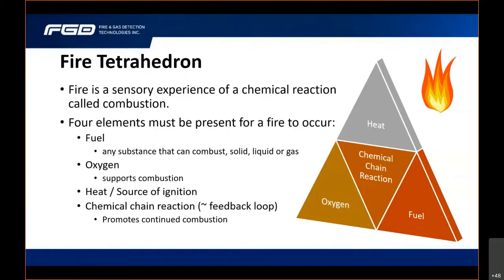Those three elements were heat, or a source of ignition, oxygen, giving you the ability to oxygenate the fuel itself, and then you need the fuel, the actual material that's going to combust.